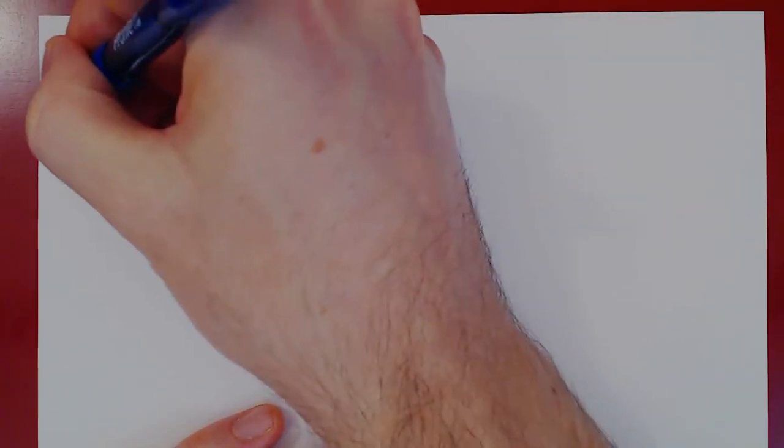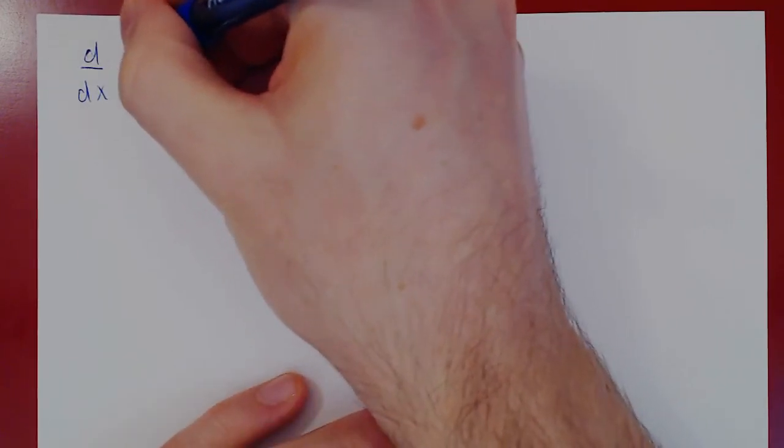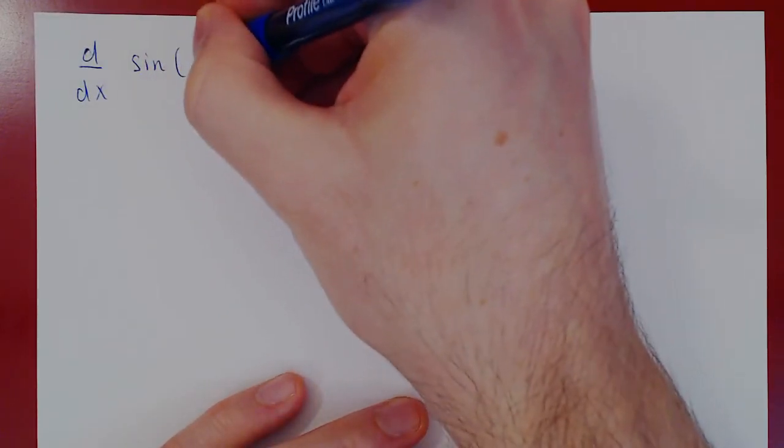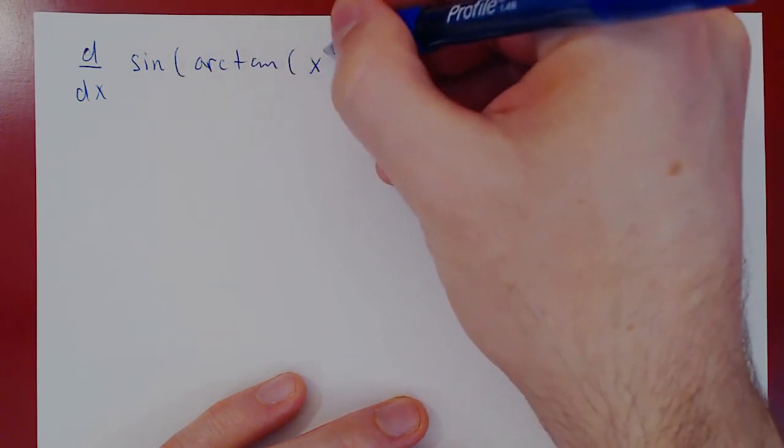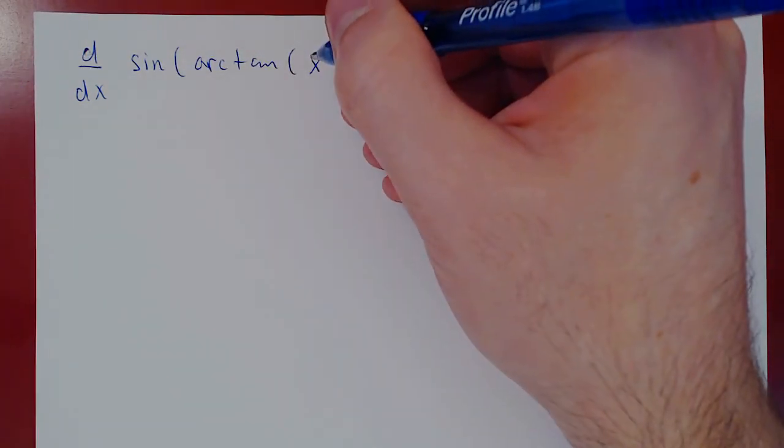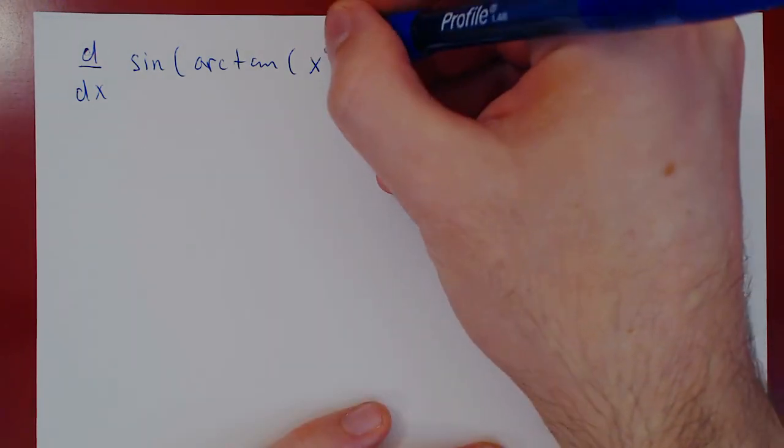So let's consider an example of this. And this will be our last example for this video. Suppose we ask for the derivative of sine, say of arctangent, say of x, some power of x, let's go with x to the 4.